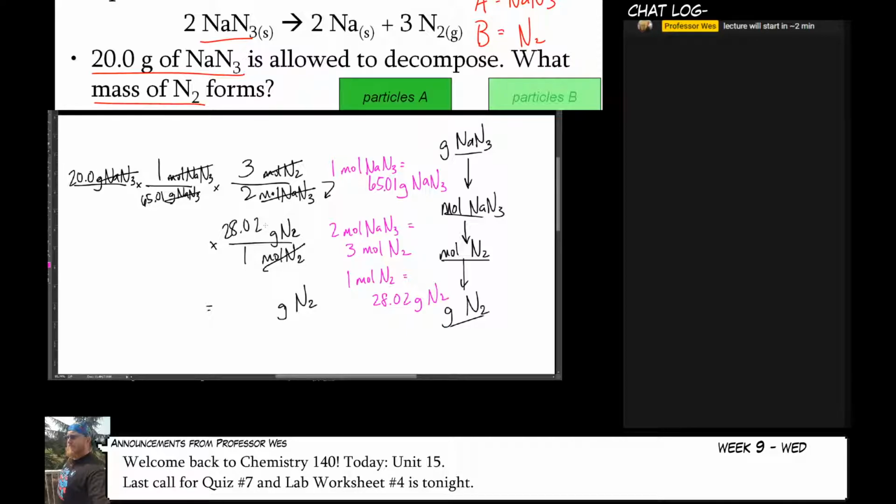There it is. So we'll punch it all in. 20 times 3 times 28.02 divided by parentheses 65.01 times 2. And I get 12.9 grams of nitrogen when I consider sig figs.